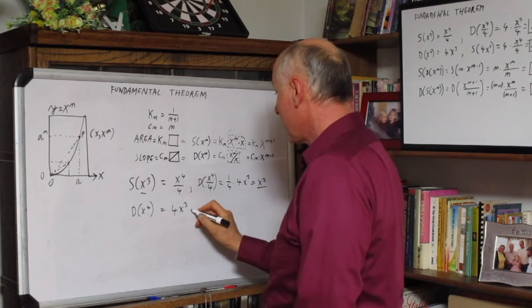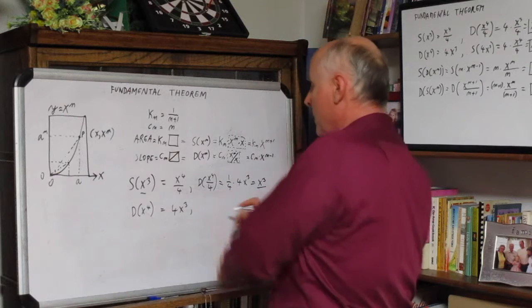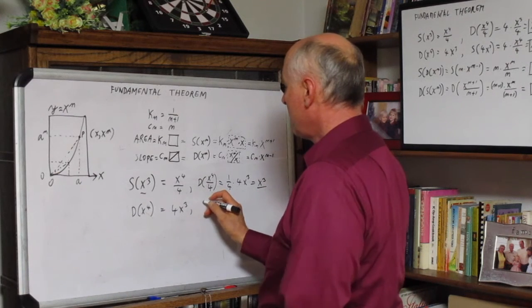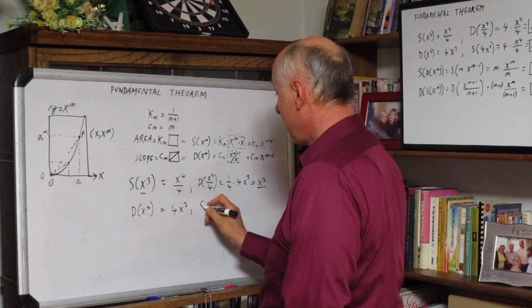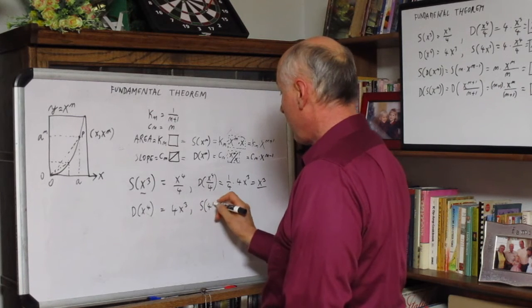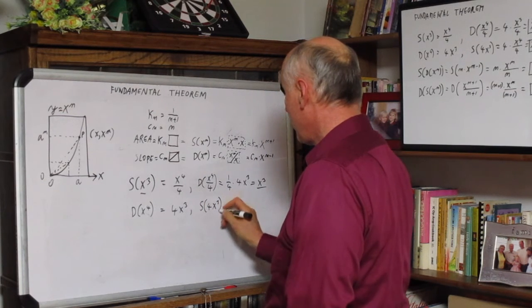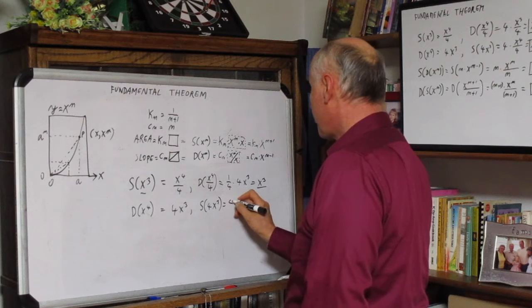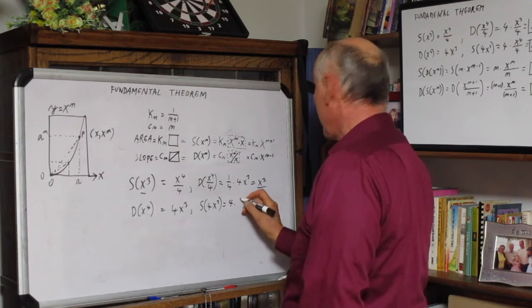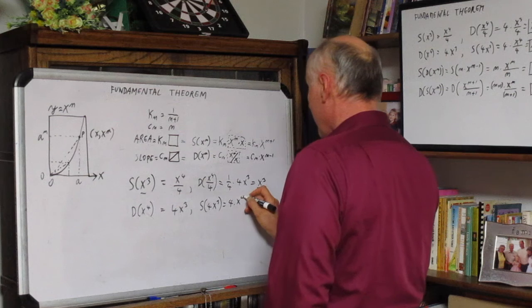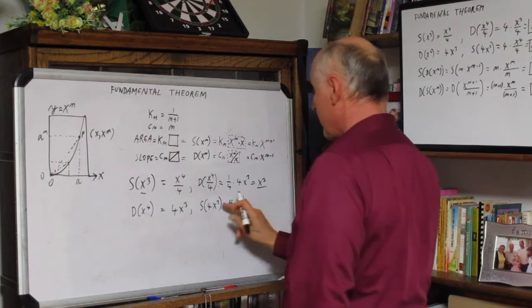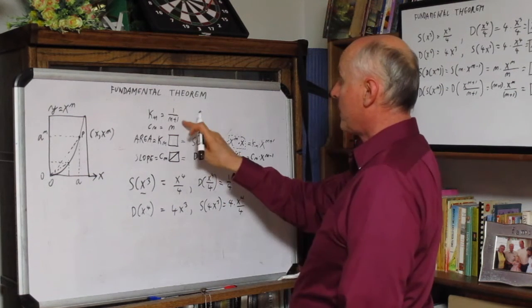Okay, and so now do the opposite. Do the signed area of this function. So we have S of 4x to the third. Well, that equals 4 times x to the fourth over 4. See, you gotta do this.